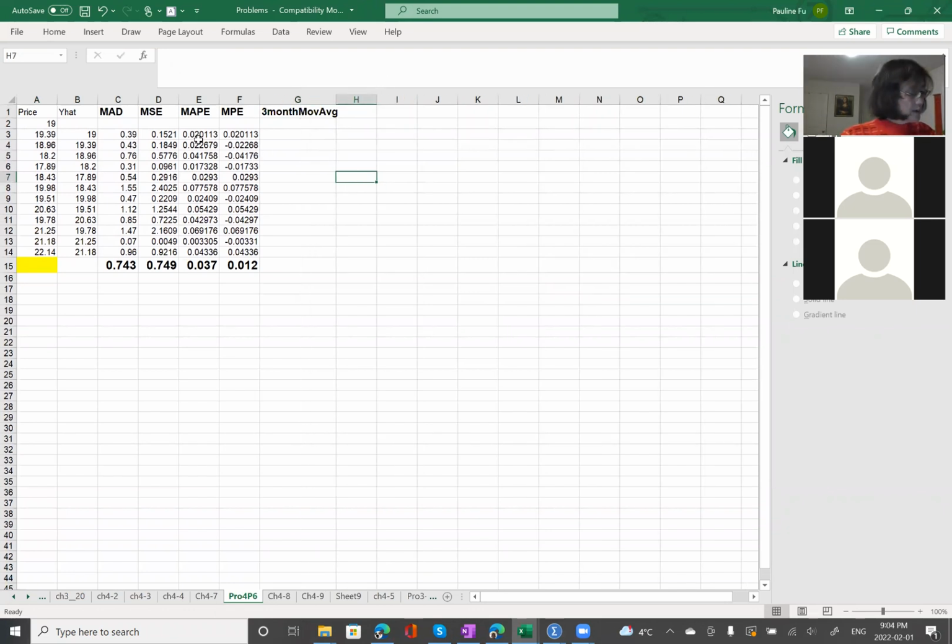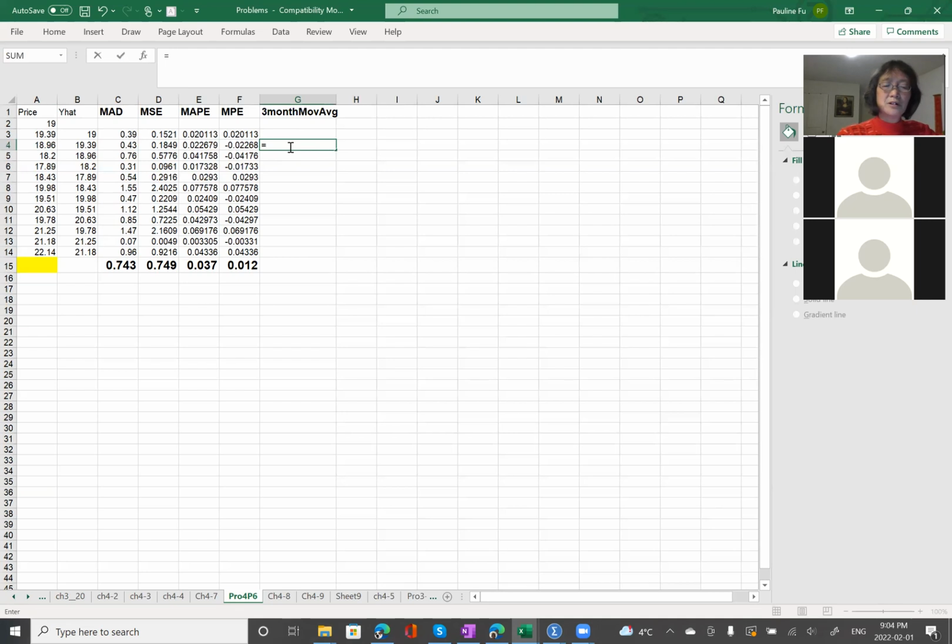Depending on if you want to use this number that is given, you use this 3 months average forecast here. Some students or some textbooks want to put a result here. It actually does not make a big difference. So let's say I want to put the result here.